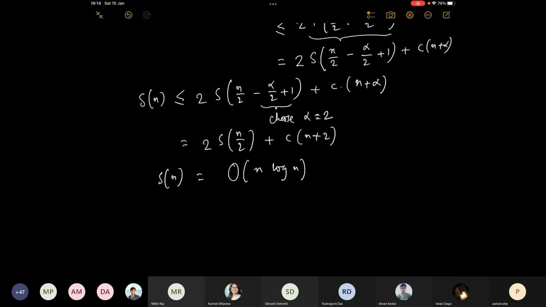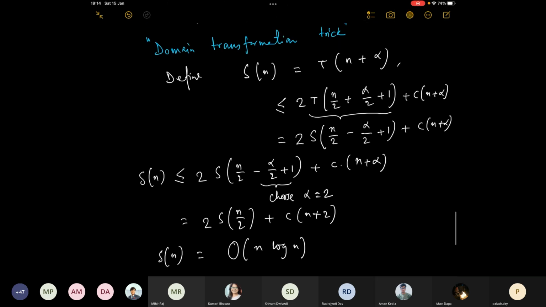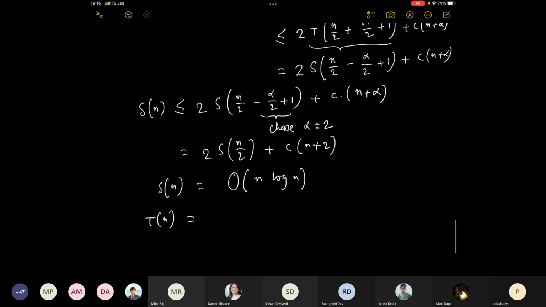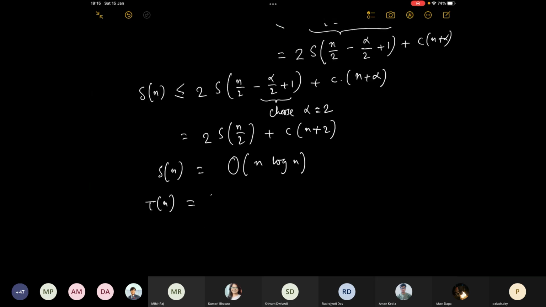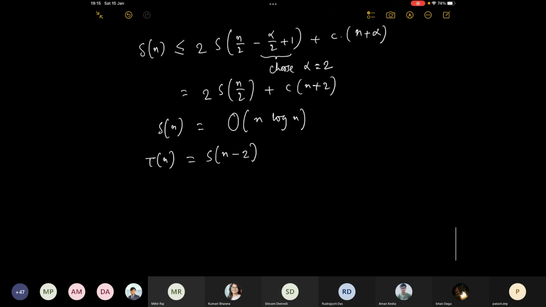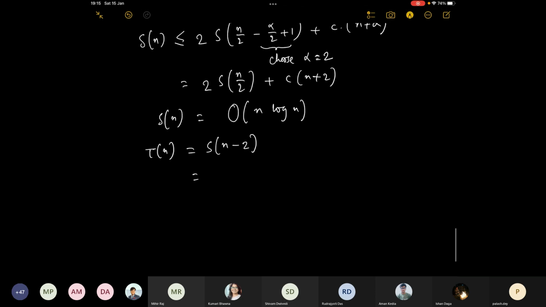But we need to solve for Tn, no? So how should I do? From S to T, I need to subtract alpha. So T(n) equals S(n minus alpha), and alpha is 2. And what is big O of S(n minus 2)?